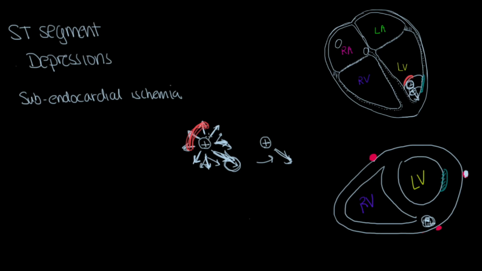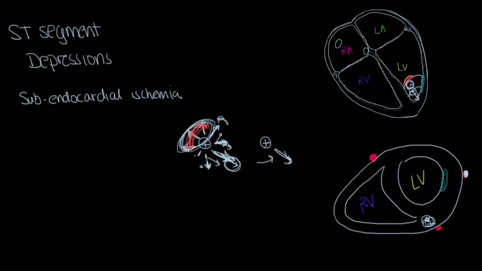However, when you have ischemic tissue here, you have tissue that is persistently depolarized. So it's not able to repolarize. So you have tissue that's persistently depolarized next to tissue that is healthy and trying to repolarize. And you have this potential difference here. So you'll have random depolarizations happening at the border of where the ischemic tissue is and the healthy tissue is, just from the fact that there is quite a big electrical potential difference between the two areas.